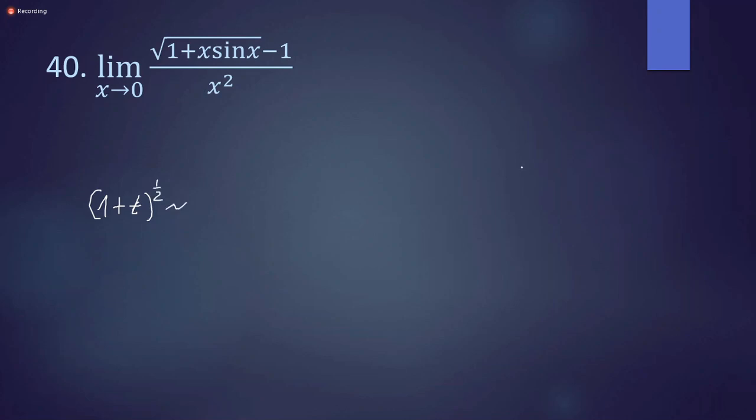And in this case, t is x times sine x, minus 1, sorry, there was minus 1, forgot that. So this means we have limit when x tends to 0 of 1/2 of x sine x divided by x squared. Now this is very easy to do. See, x and the square disappears. Sine x over x is 1. So we have 1/2 times 1, and this limit is 1/2.